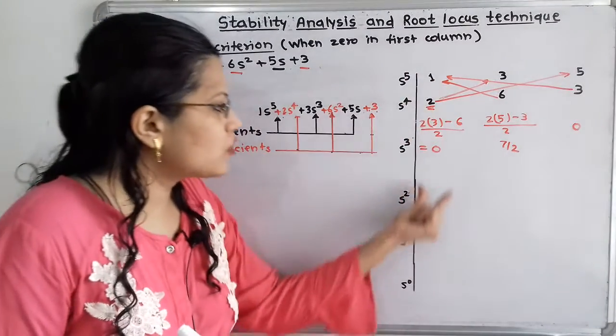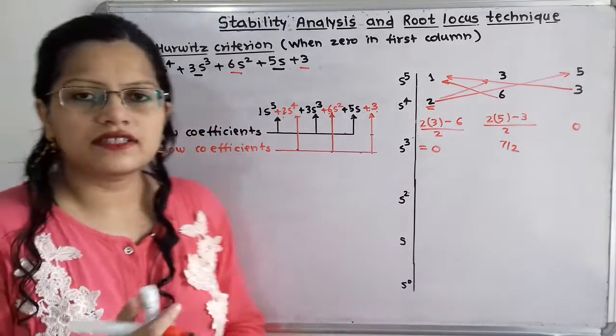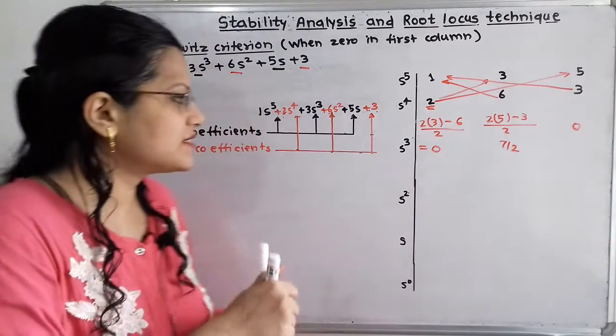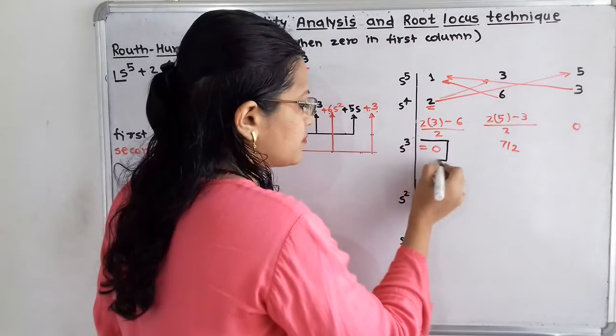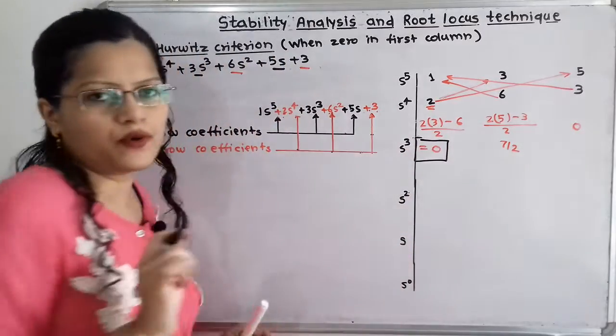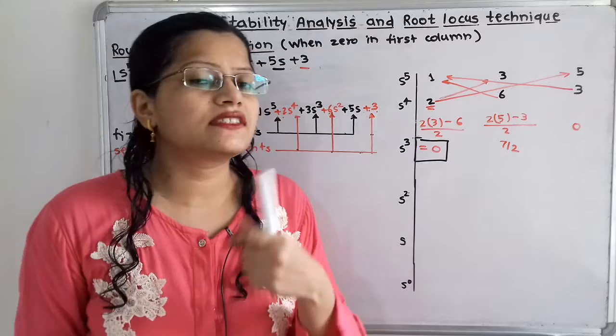The first column numbers are important. If we observe, there is 1, 2 and then 0. So for this 0, how do we proceed? It is very important. When 0 is there, we select epsilon instead of 0.